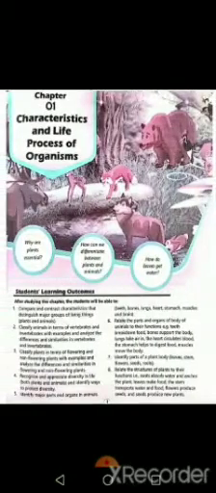Now come to chapter number 1, characteristics and life processes of organisms. We started this chapter in the previous lecture, so first let's recap the previous lecture. In the previous lecture, we discussed the characteristics of living things, similarities and differences between plants and animals, and classification of animals, right?